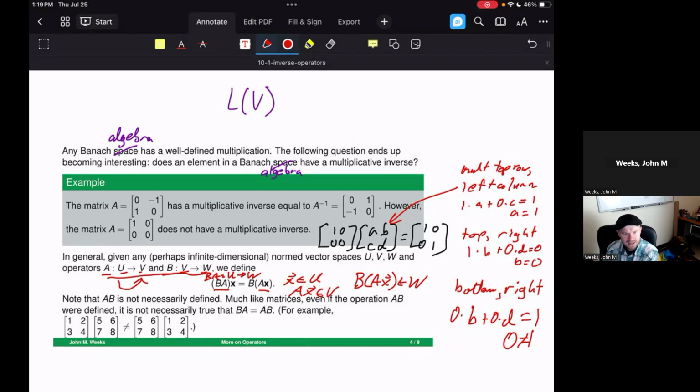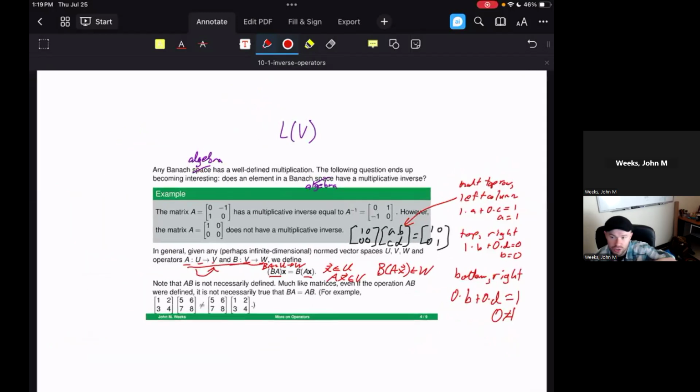And even if it is, it does not necessarily need to hold true that BA is equal to AB. The same thing holds for operators. You can take two operators and multiply them in separate orders and get different operators from the composition. So we're going to make sure that we're avoiding that when we talk about BA versus AB. It's very possible that switching those two orders gives us something that is not exactly the same.